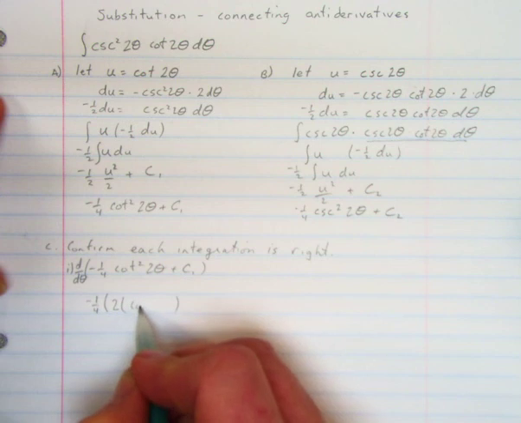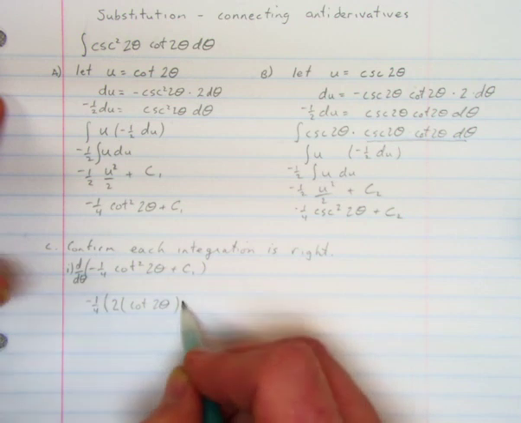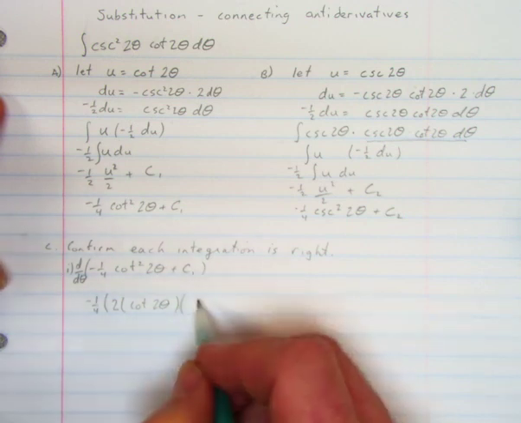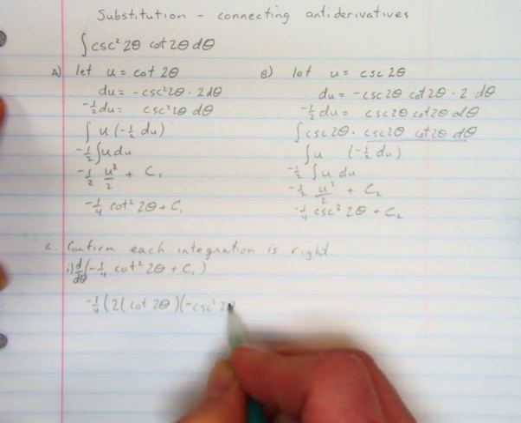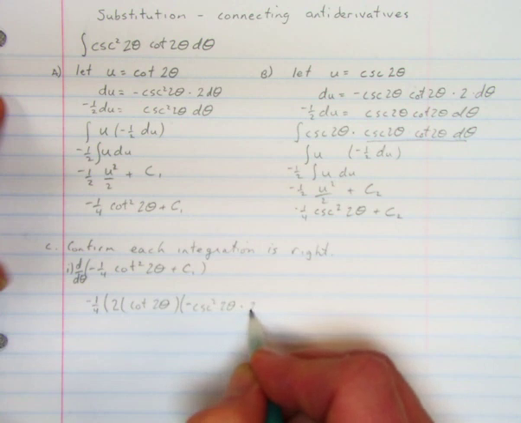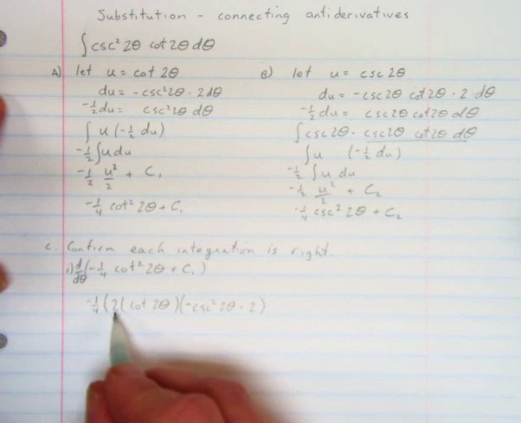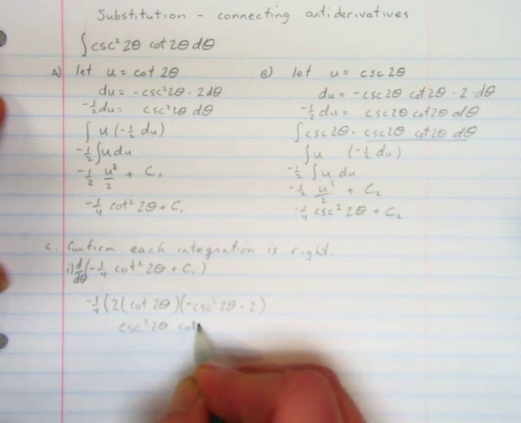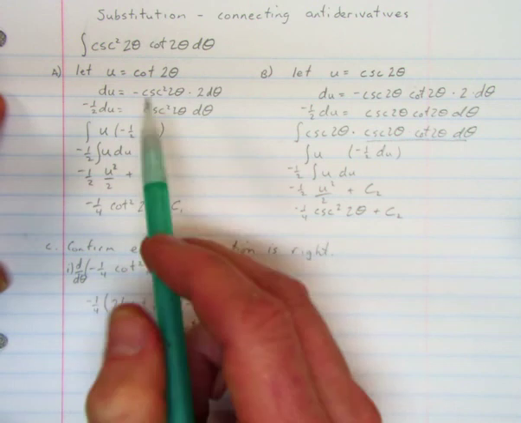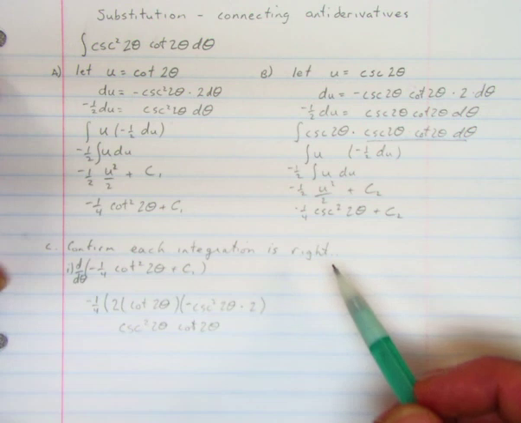The inside function there is cotangent of 2 theta to the 1 less, or 1, and we don't need to write that, times the derivative of cotangent, and that will be negative cosecant squared of 2 theta. Now we're going to go the inside of there times 2. And when we simplify this, we have a negative and a negative. 1/4 times 2 will give us 1, and we're left with cosecant squared 2 theta cotangent 2 theta, which is exactly what we started with for our function, for our problem.